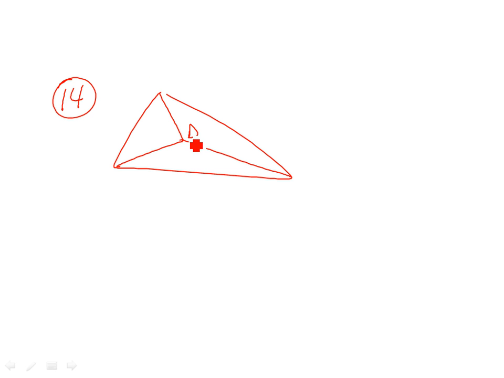That's D, B, A, C, and they tell us D is the circumcenter. Hey, this is a problem I like. If that's the circumcenter, what's it go along with?